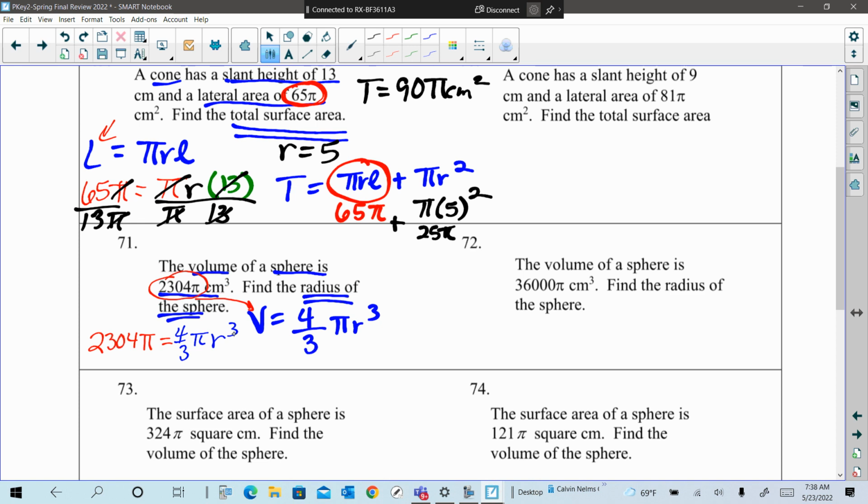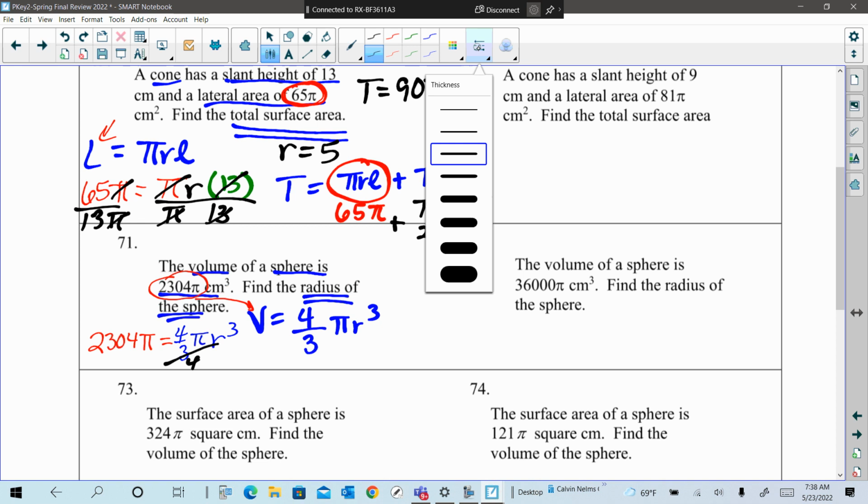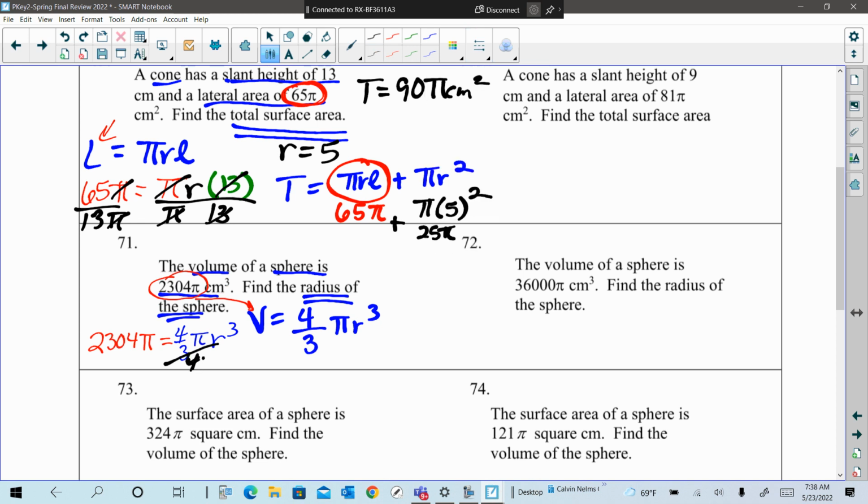We need to find the radius, so we're trying to isolate the r, but there is a fraction here. So you can say divide by 4/3, it's the same thing, or you can say multiply by the reciprocal. I'm just going to divide by 4/3 pi, so I can get all things at once.